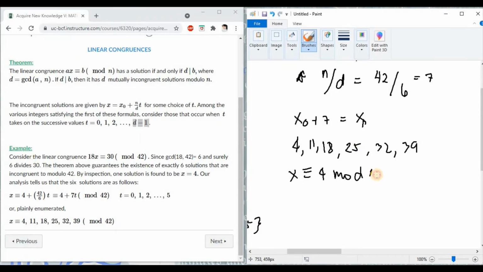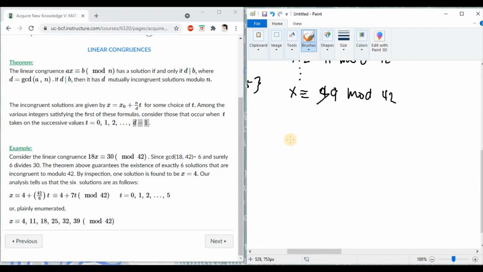Another value, we have 11 mod 42. And until you reach, sorry, 39 mod 42. Okay? That's it.